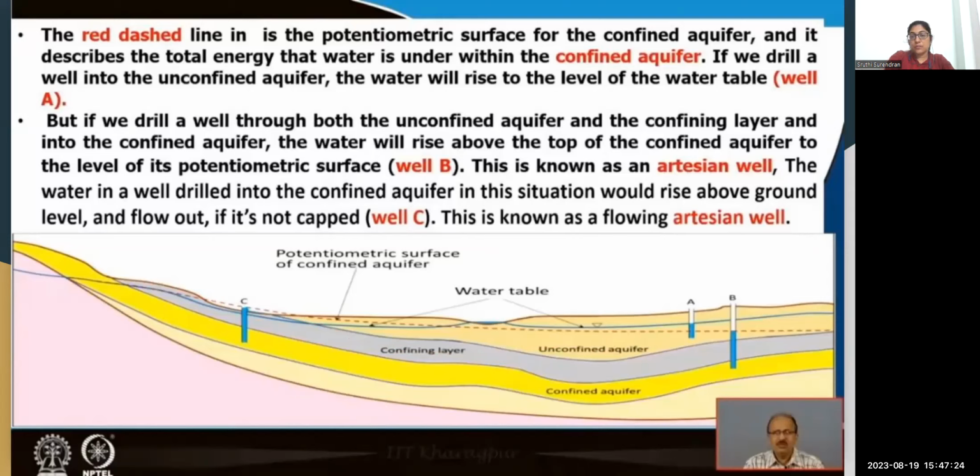That is the information we can get from the potentiometric surface. It is also called the piezometric surface.